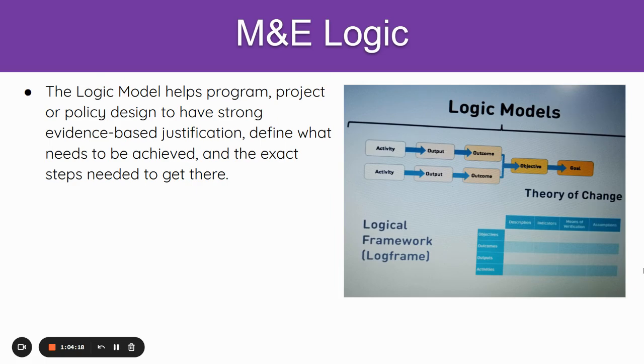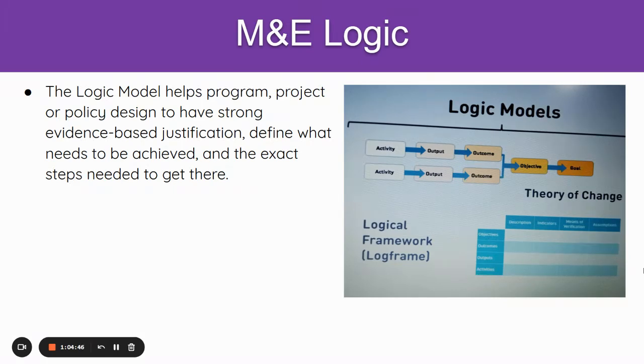These outputs must also be a benefit to the community or the beneficiaries. These are outcomes. Then these outcomes must also contribute or create a specific change, which are objectives. It could be short term, it could be long term, it could be intermediate. And these objectives should also be able to contribute to a larger change, which is the goal or the impact.